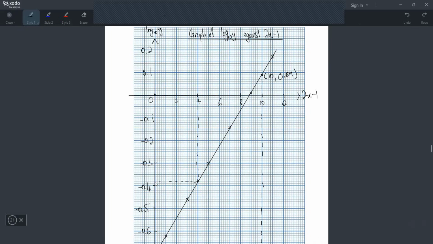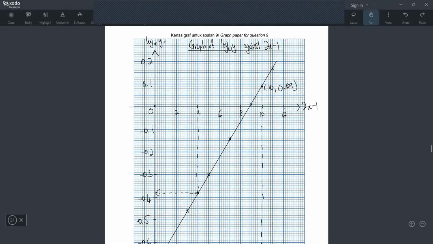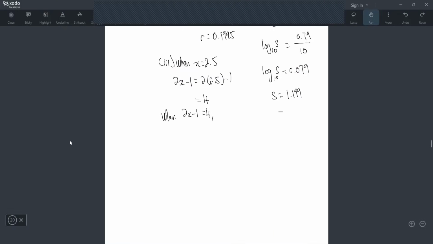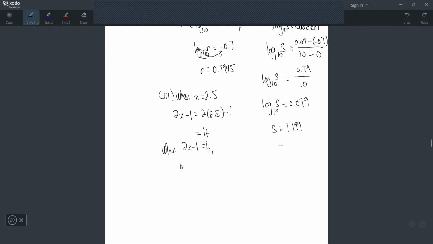Use ruler lah. So I will end at here, 0.42. So 0.42 will be my log y base 10 answer.